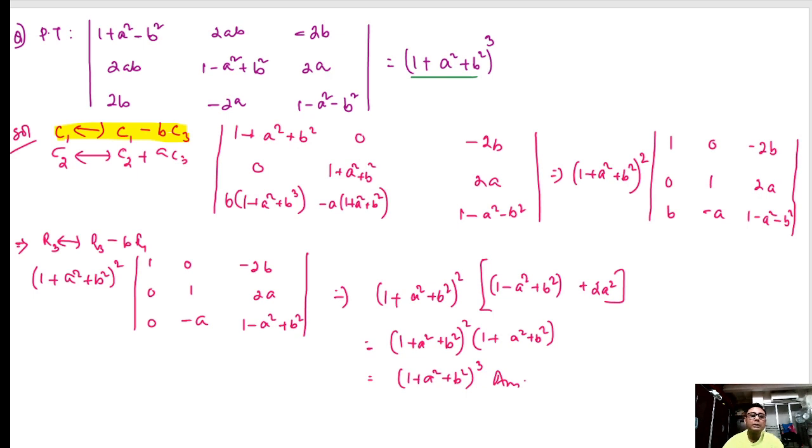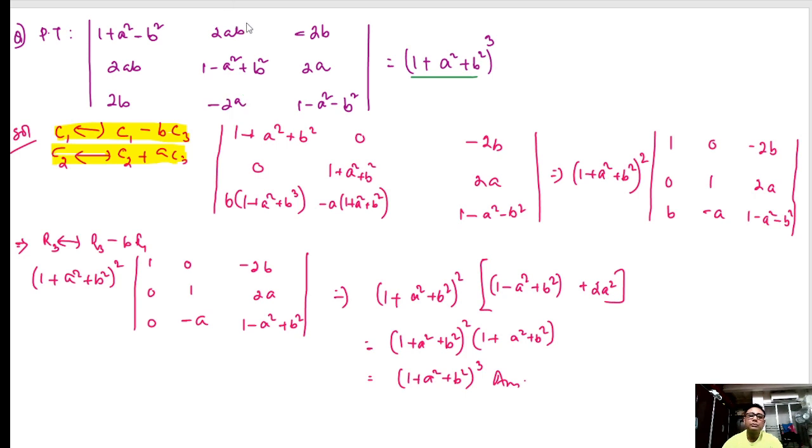Okay, so now let's apply the operation C2 plus A times of C3, and I will put it in C2. So this is C2, and A times of this, if I add, then first let us do this, sorry.